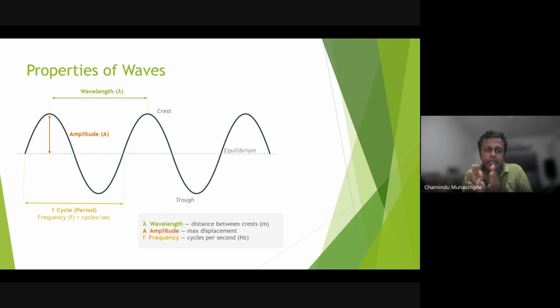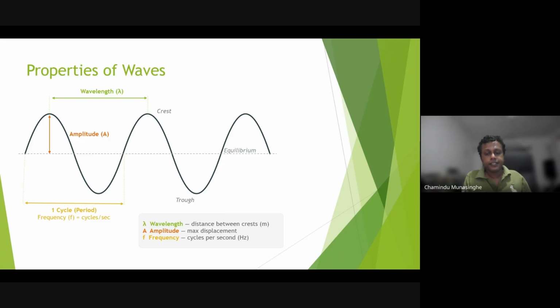In a periodic signal, the wavelength is the distance between crests or the distance between troughs. Basically, any similar point in the waveform we can take. Although we say crest to crest or trough to trough, if we can measure the distance between any two similar points, that is the wavelength.